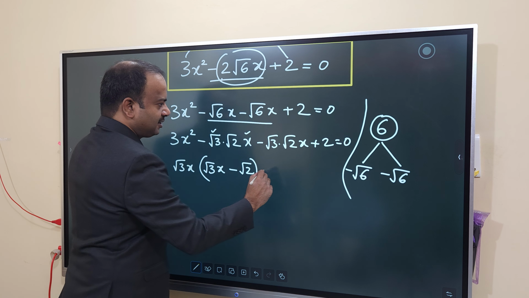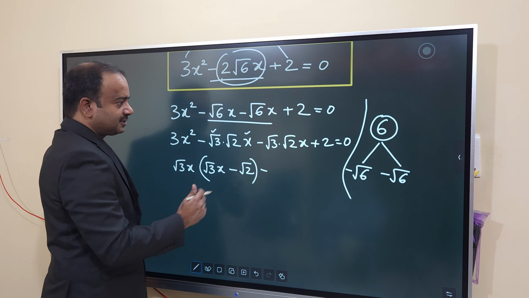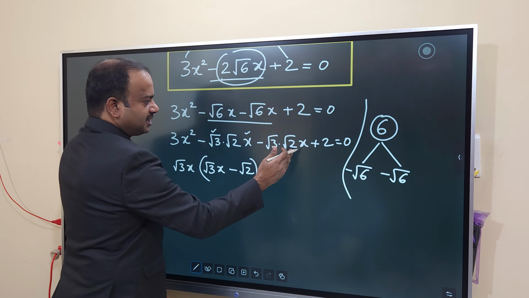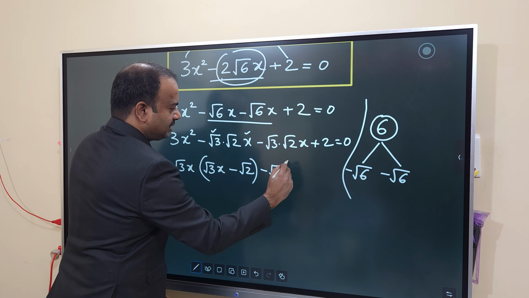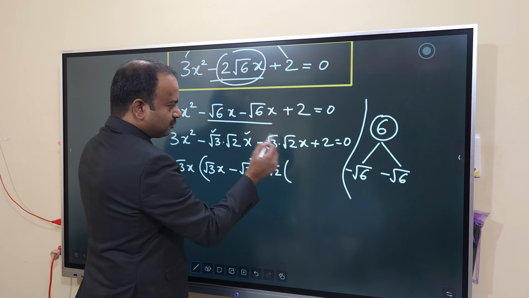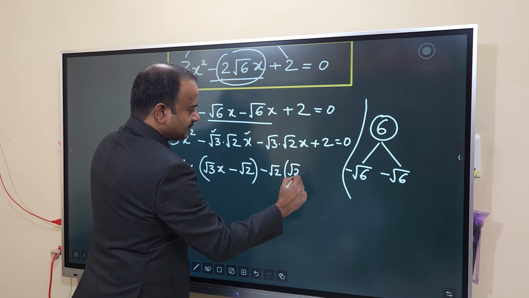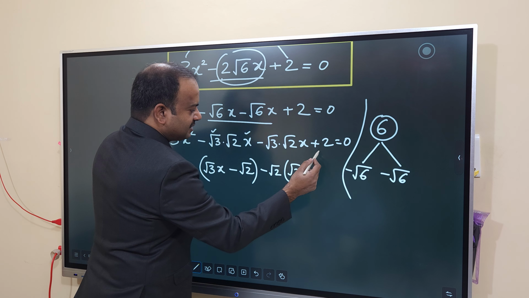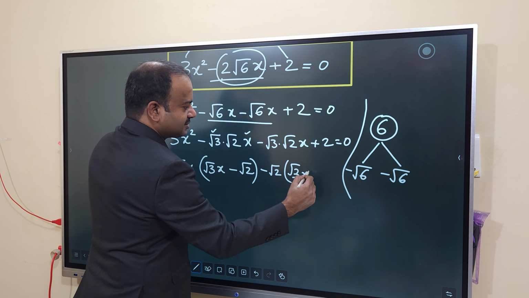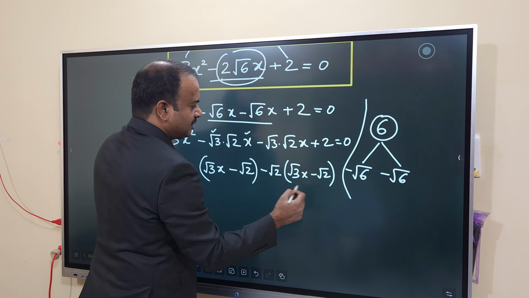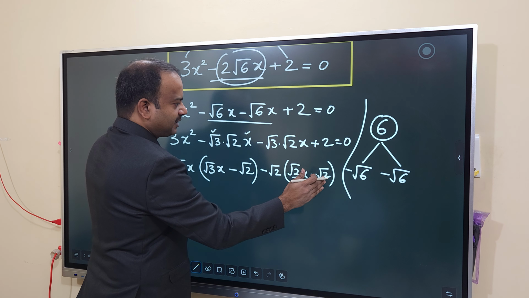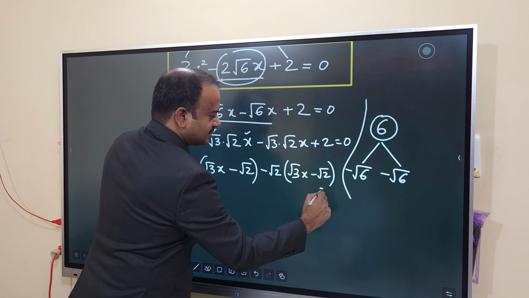Now I'm going to take root 2 as common from the remaining terms. When I take root 2 outside, it will be root 3x, and then the minus 2 here, I'll write as minus root 2, because when you multiply minus root 2 into minus root 2, that becomes plus 2. So it is equal to 0.